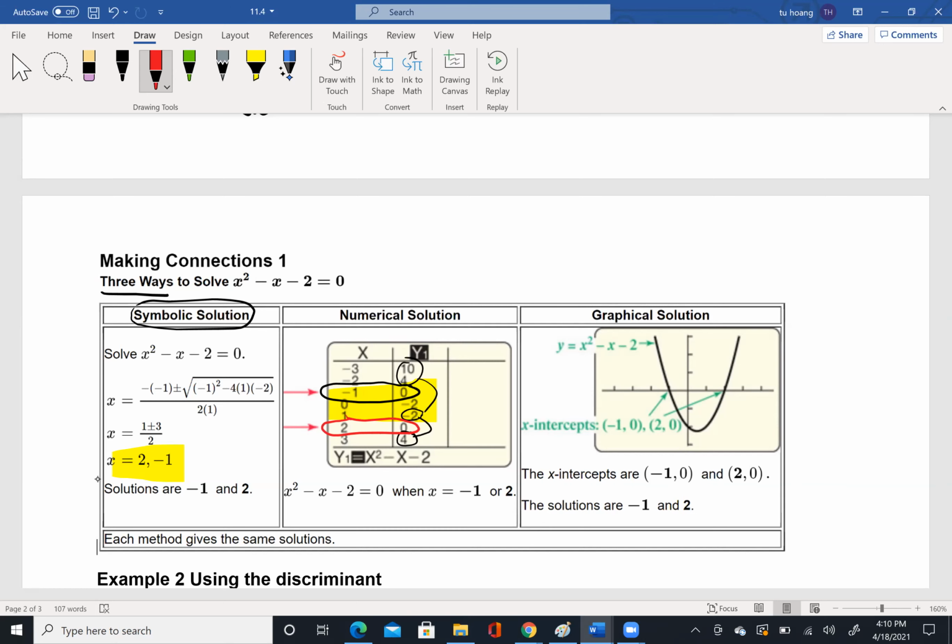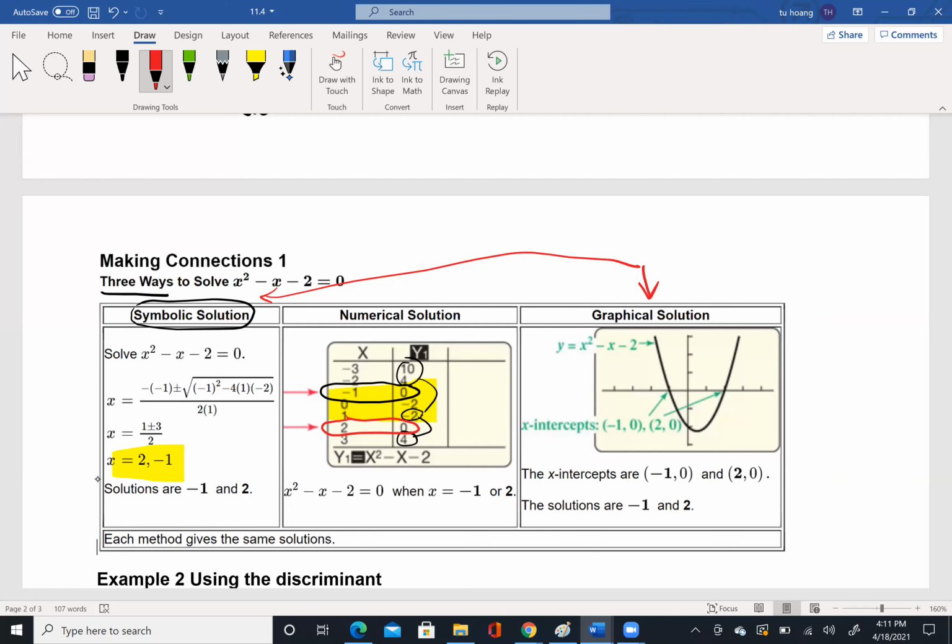Another way to see the solution is called the graphical solution, and for your level right now, you can use this way to see the solution easily, maybe by Desmos or your TI-83 or TI-84, or a graphing calculator.